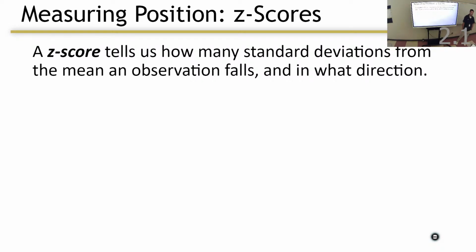How many standard deviations from the mean a value falls, and in what direction, whether it falls above it or below it. A z-score tells you how many standard deviations from the mean the value falls and in what direction.